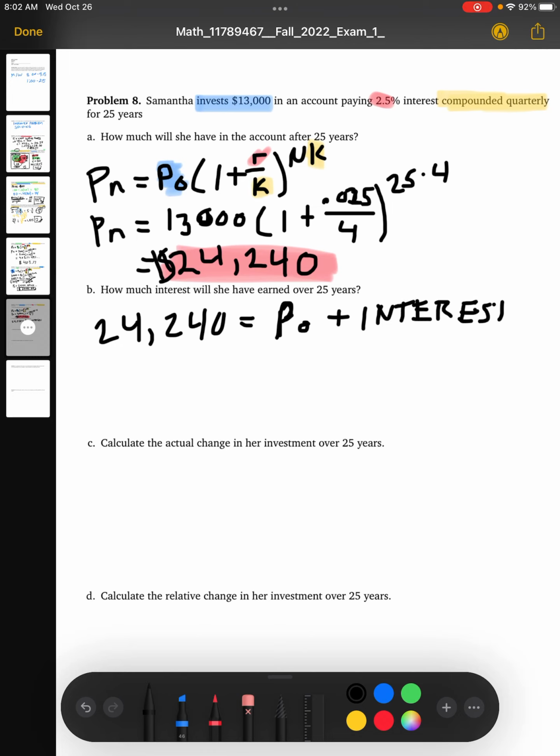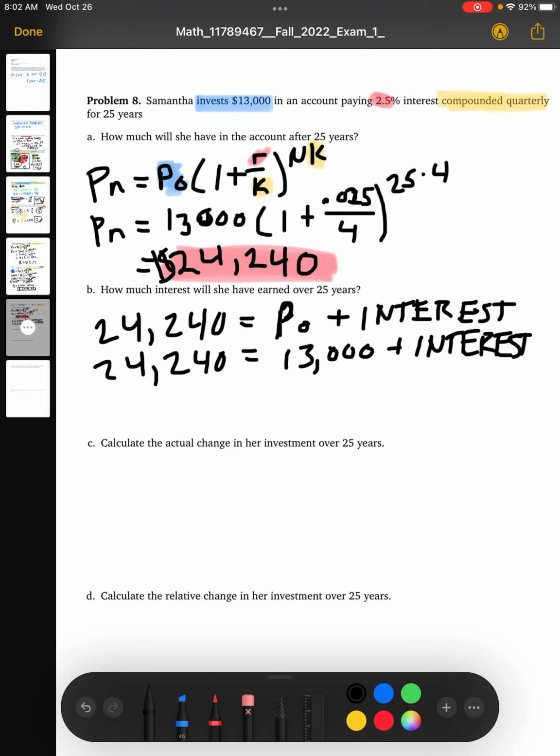So that means $24,240. Well, her initial investment is given in the problem, $13,000 plus interest. So if I want to know what's the interest she's earned, I'm just going to take 24,240 and subtract 13,000.